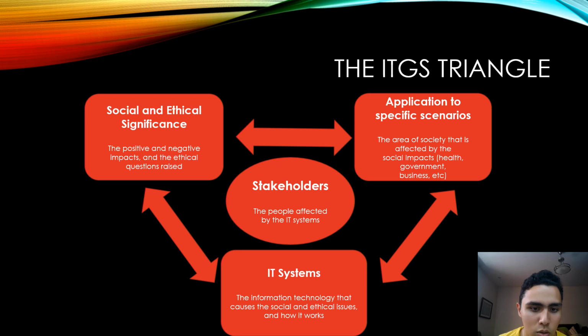And in a social and ethical significance, we can say that you can use the IT system to improve your sales based on the society that you're going to sell your product to, or you can also improve the sales of a product that is not ethically good.